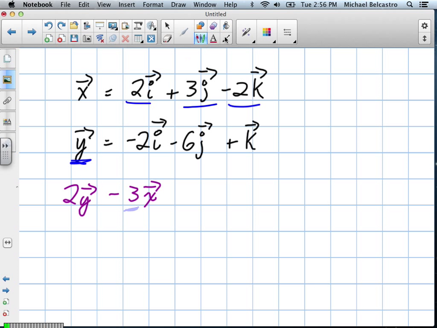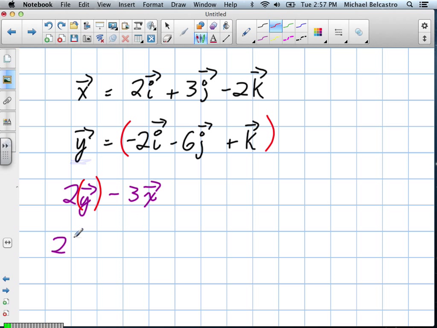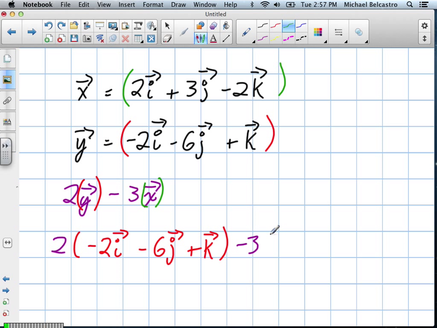We have 2, and we're going to replace the value of y with these 3 vectors: negative 2 vector i minus 6 vector j plus k, minus, and let's do our x here. We'll replace x with 2i plus 3j minus 2k.